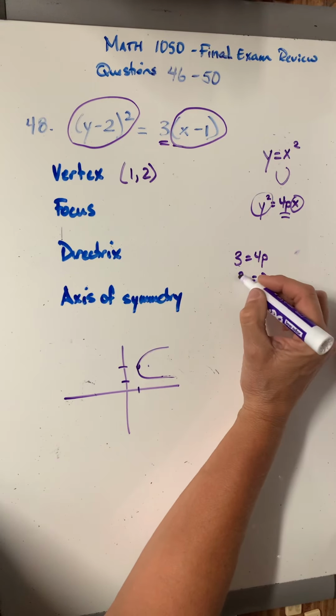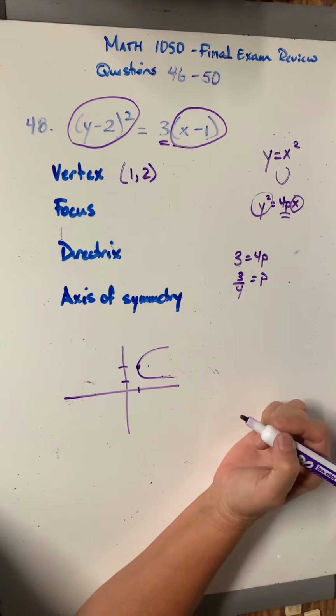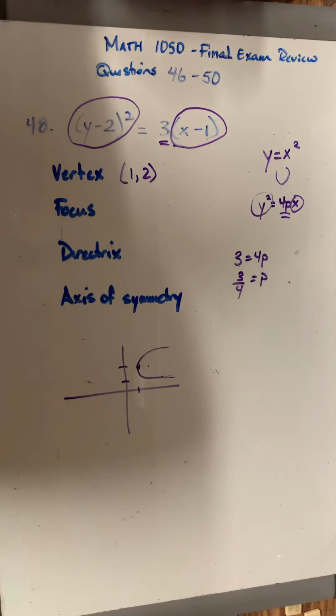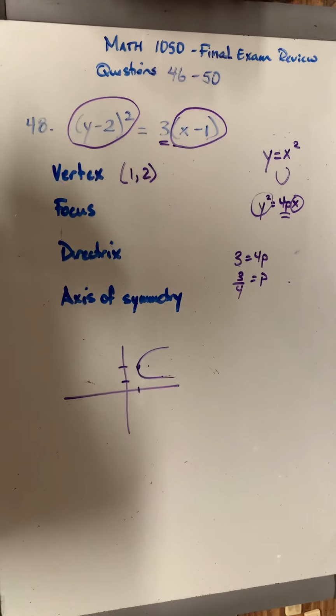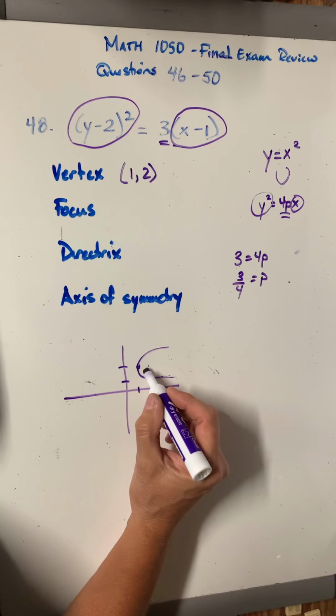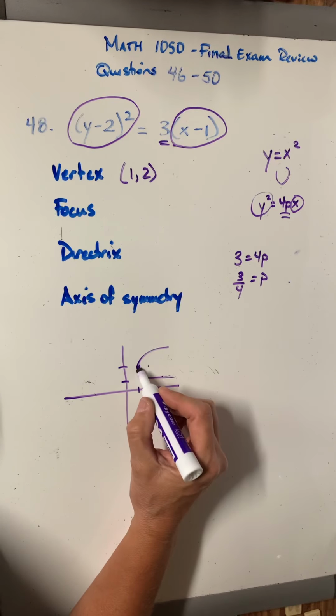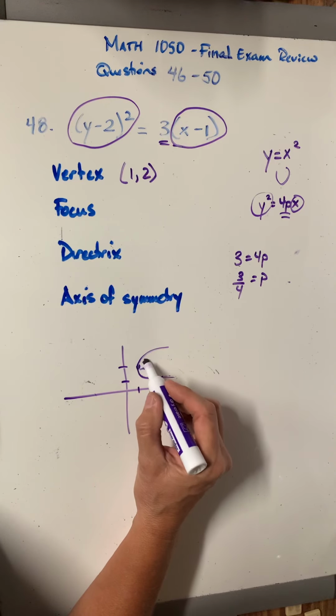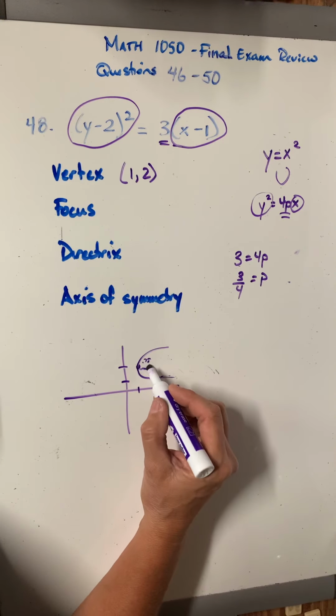So p equals 3/4. So if p equals 3/4, then what that means is p is the distance from the vertex to the focus.